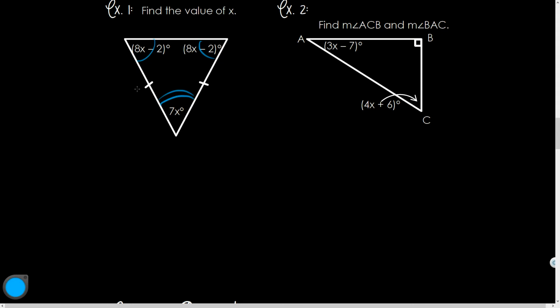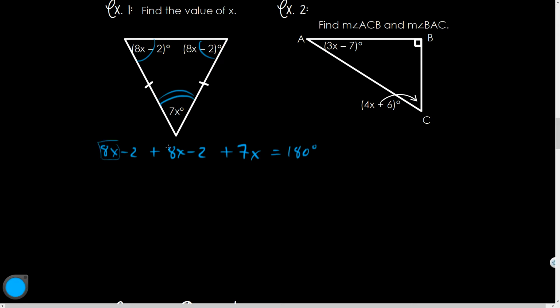But using the Trisum theorem, I could say the following. I could have said 8x minus 2 plus 8x minus 2 plus 7x. What do all three of these angles add up to? 180. Both of those were the same, so instead of writing that twice, I could have also just written 2 times parentheses 8x minus 2. I'm fine with either of those.